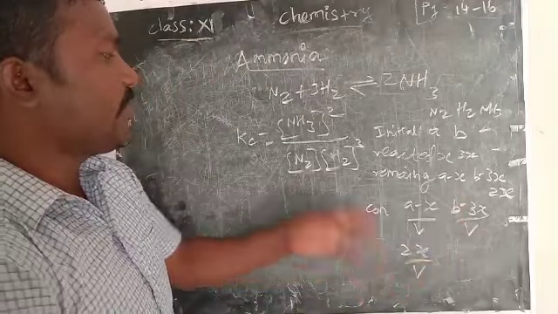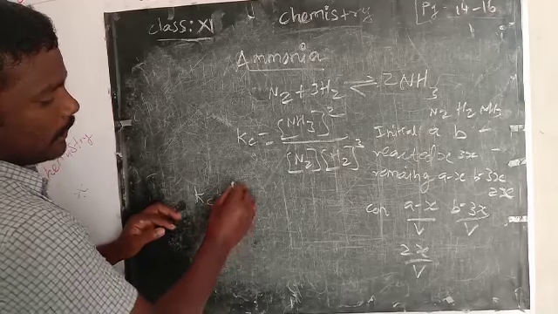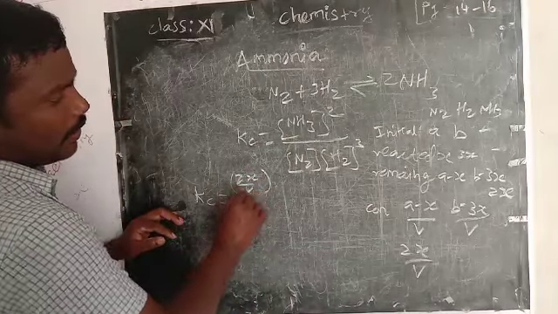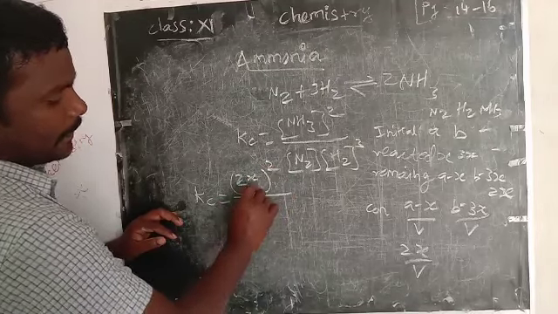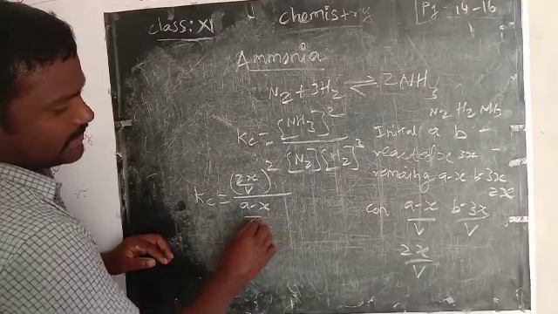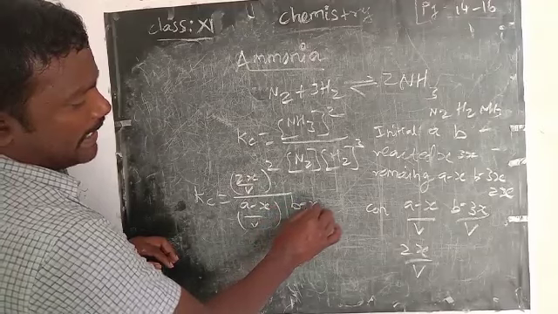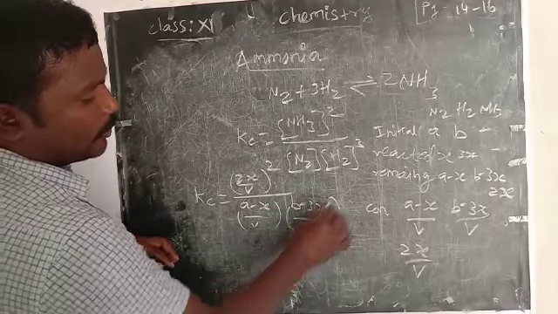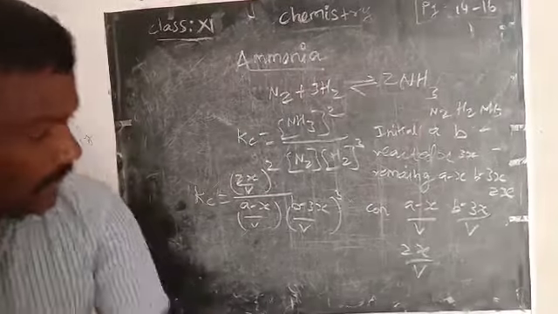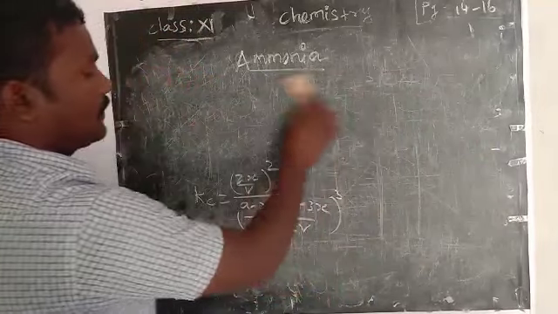You just apply these values in this Kc term. Kc is equal to, for NH3, 2x by V whole squared, then N2, a minus x by V, for H2, b minus 3x by V whole cubed. Now you can simplify this one. How do you simplify?